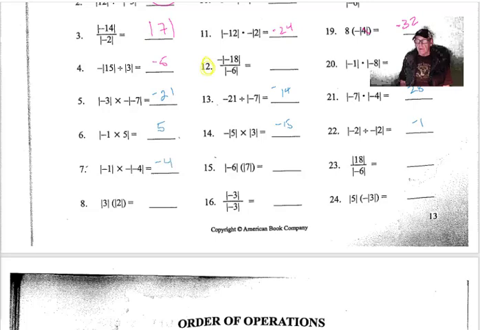Absolute value of a negative 6 is 6. 6 times 7 is 42. Here we have 18 divided by 6, which is 3. Here we have 6. Here we have 1. And here we have negative 15.